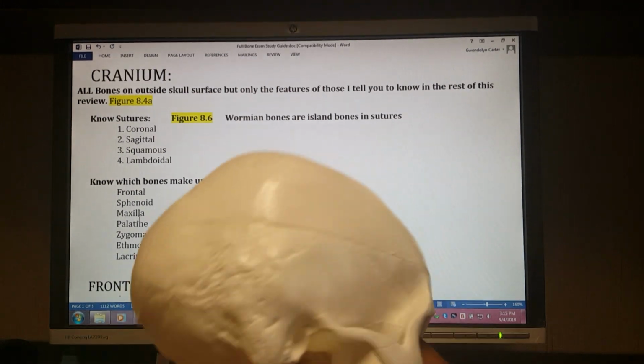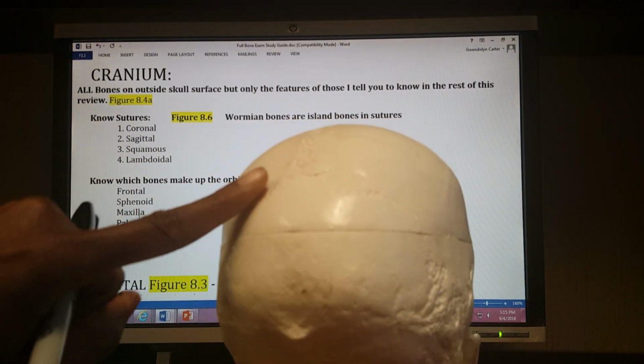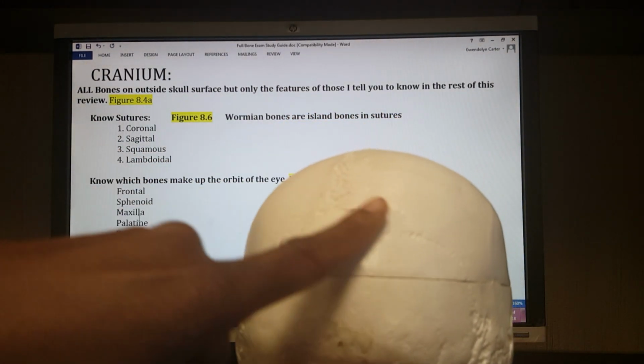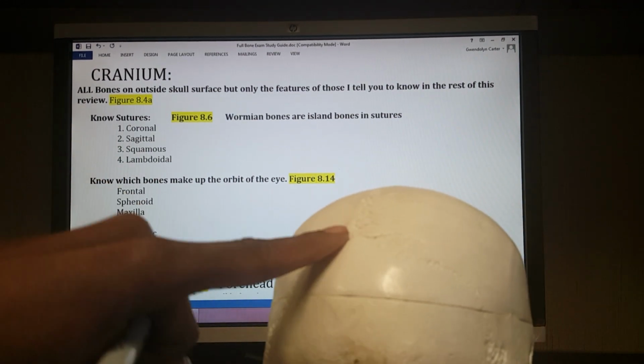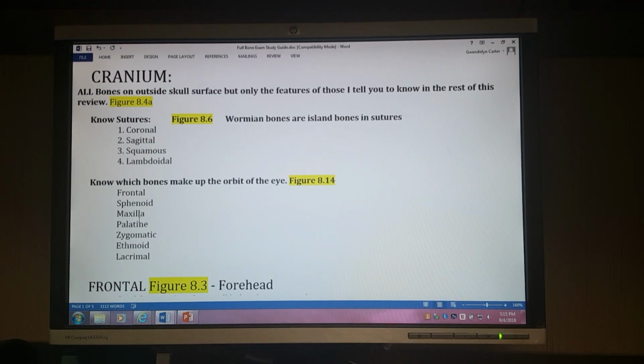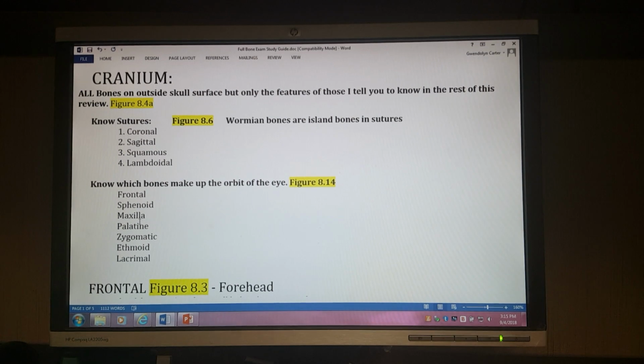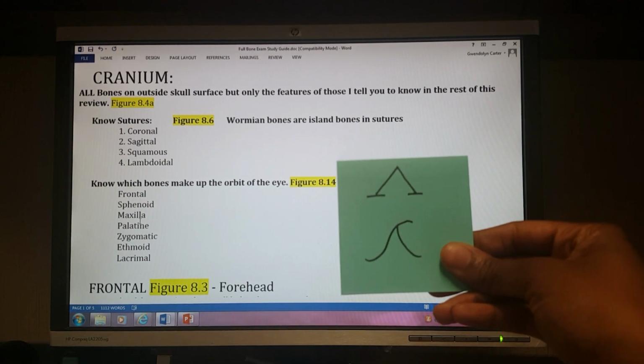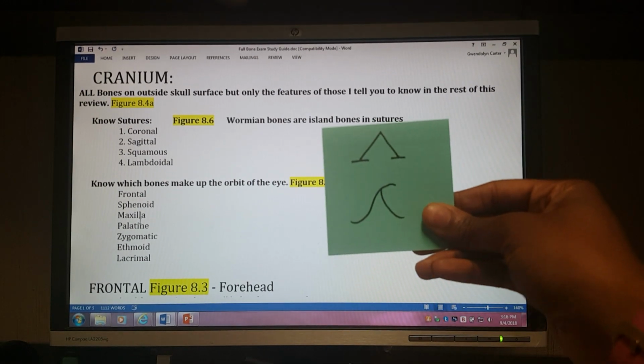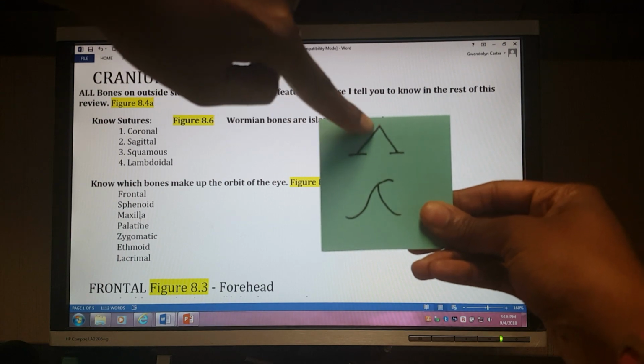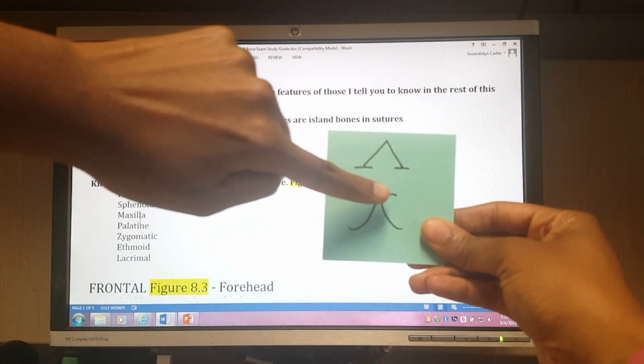So let me go to my better featured bone. Here, this suture looks more pointed like a triangle. That triangle gets its name after its shape, looking very similar to the capital letter lambda or even the lowercase lambda.